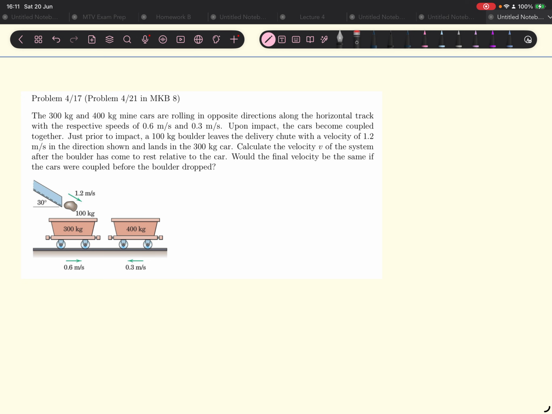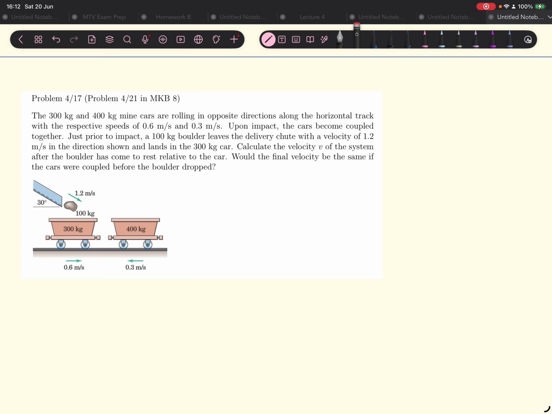Then they tell us upon impact the cars become coupled together, and just prior to impact a 100 kg boulder leaves the delivery chute with a velocity of 1.2 meters per second in the direction shown, right? And it lands in the 300 kg car. We are asked to calculate the velocity v of the system after the boulder has come to rest relative to the car, right?